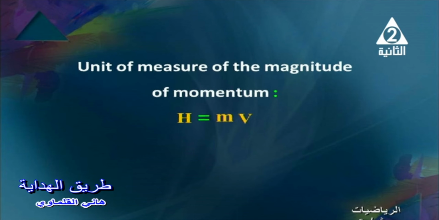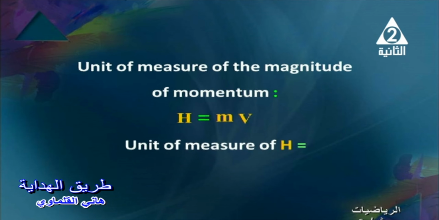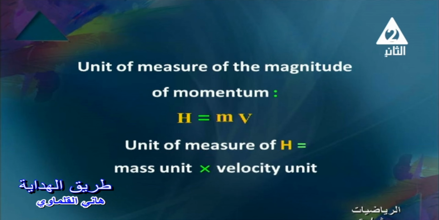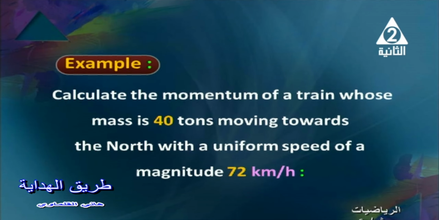Momentum h equals the product of m, mass, and velocity v. So we can use mass unit multiplied by velocity unit to find the unit of the momentum h. So we can use gram centimeter per second, kilogram meter per second, and kilogram meter per hour.